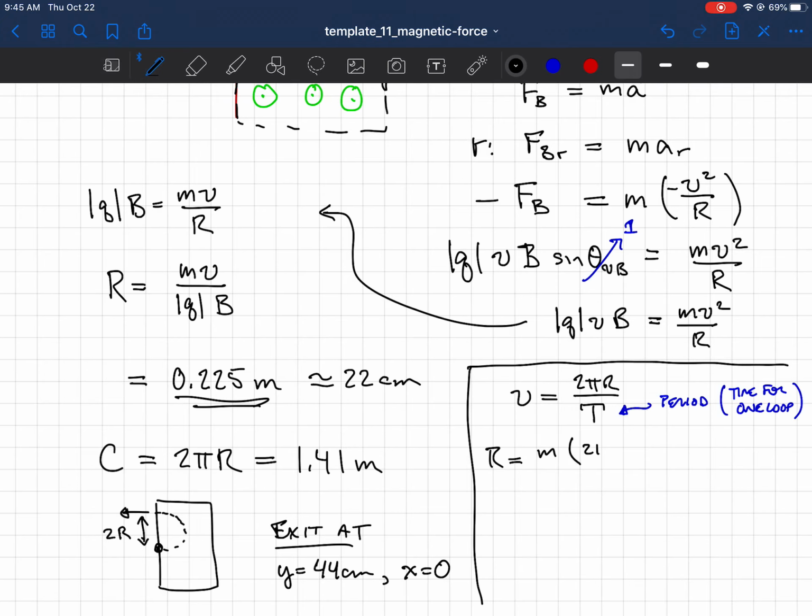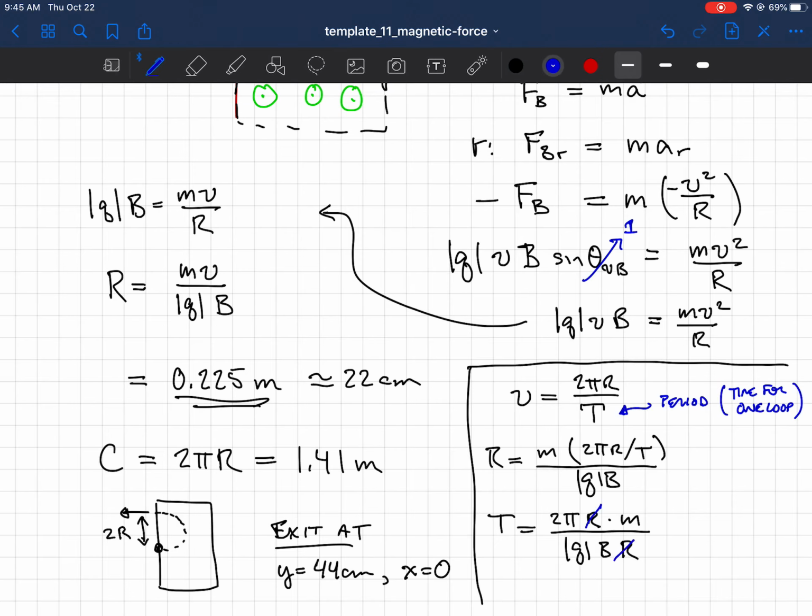So I can replace this. I have r is equal to m times 2 pi r over t, all over qb. Okay, and if I want to find t, then t is equal to 2 pi r times m over qb r.